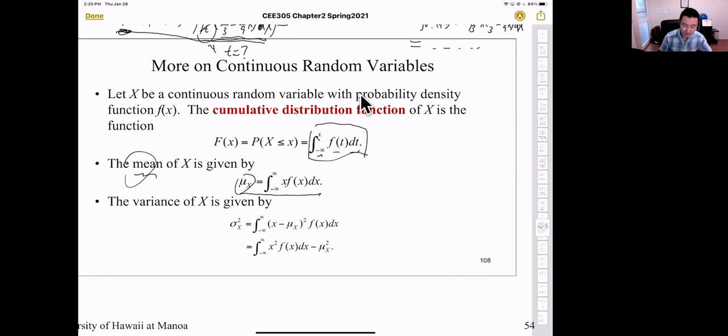So that is the probability that x is less than a certain value. The equation for the mean is given here, as we just did, and the variance equation is given here. The variance sigma x squared is a function of the mean mu x and fx. You can use either one of these two equations.